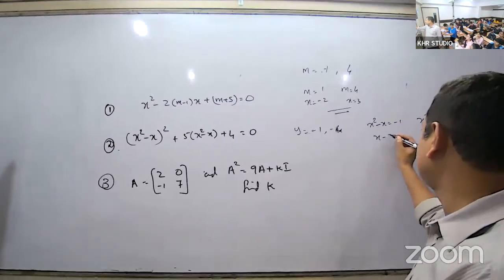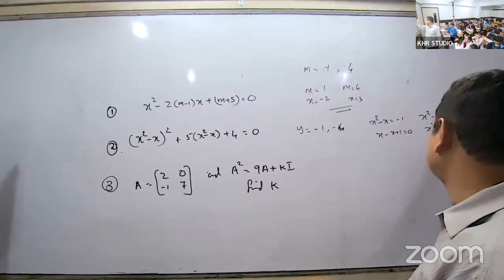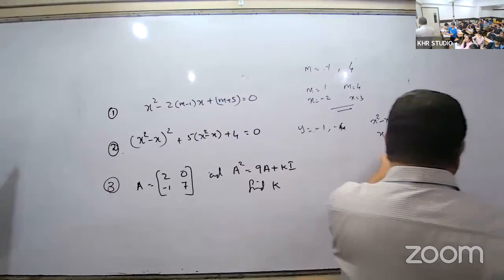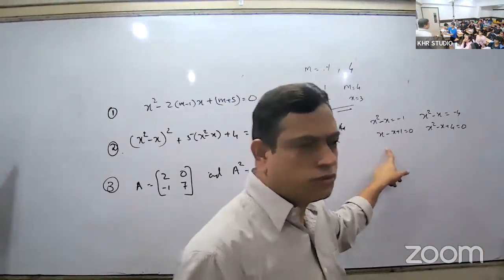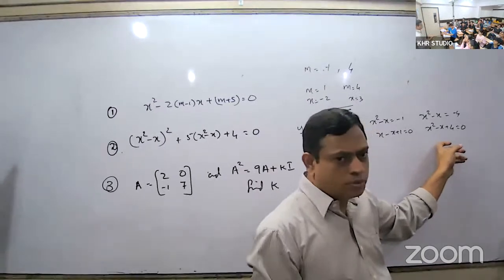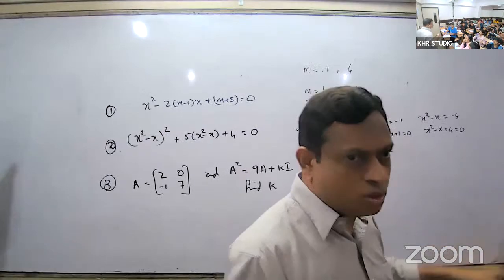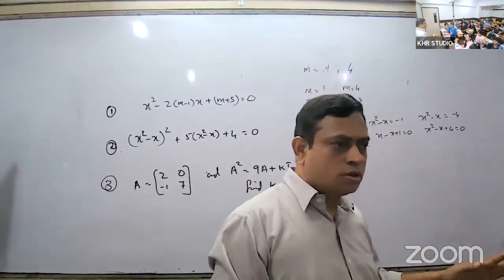This is x square minus x plus 1 and x square minus x plus 4 equal to 0. b square minus 4ac is less than 0, so no solution. In both cases, no solution at all.